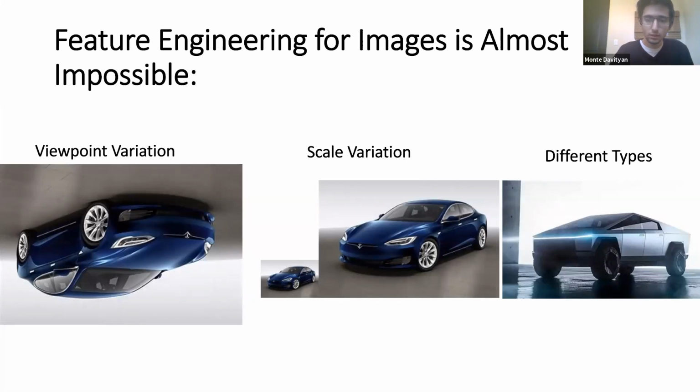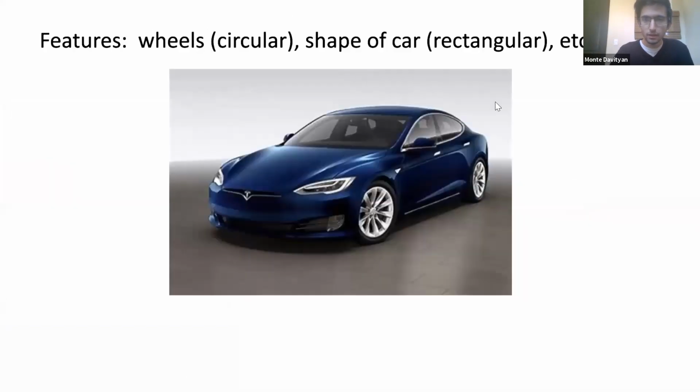We can kind of see what a feature is. A wheel feature is going to be relatively circular. The shape of the car is going to be relatively rectangular. And so we can program those features in, and tell the computer that we want it to be rectangular, or we want it to have a wheel.